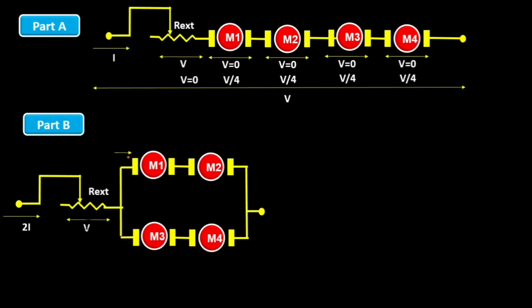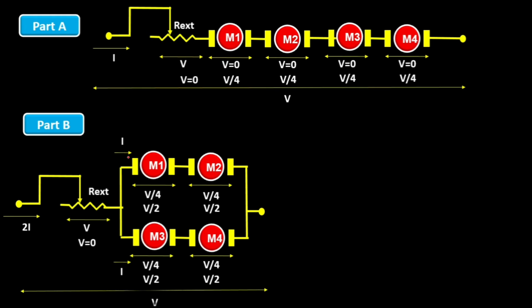The voltage across the external resistance initially is V, and finally the voltage across the external resistance is 0. And what about the voltage at the motors? Initially it is V by 4 and finally it increases to V by 2. The voltage taken from the supply is V, whereas the current I is going through each branch.